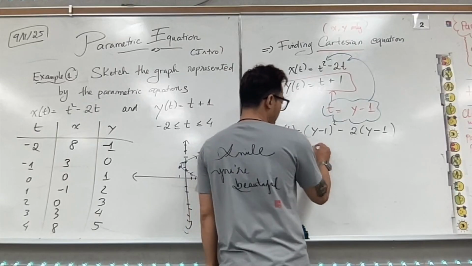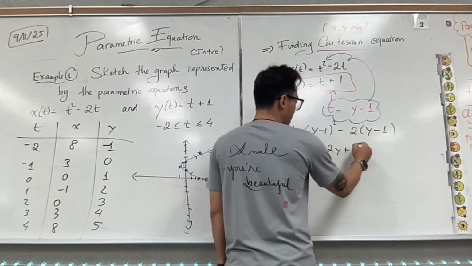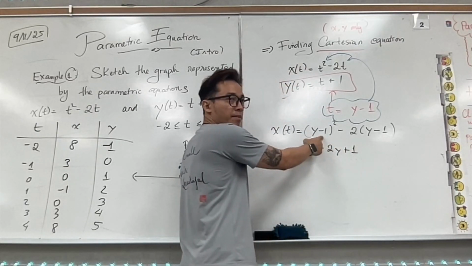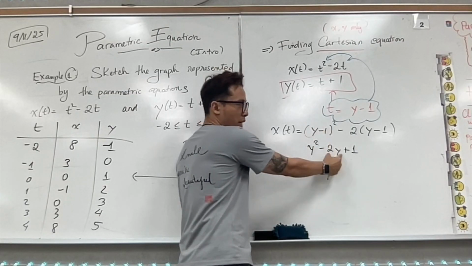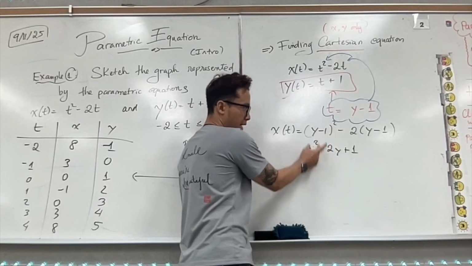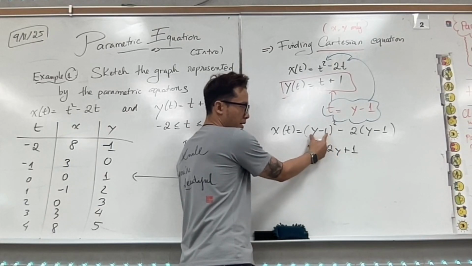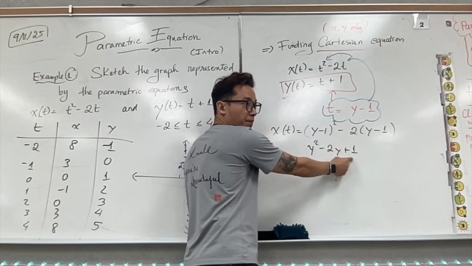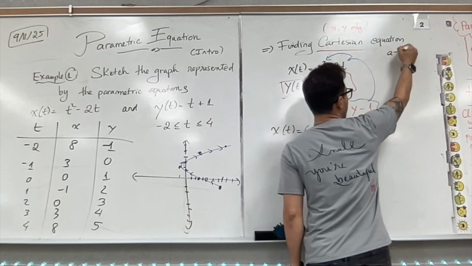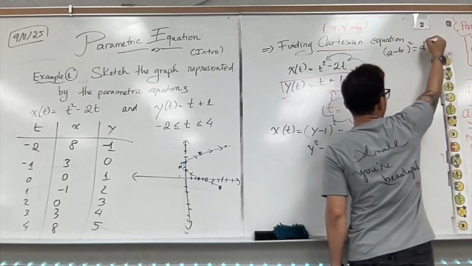Okay? So y squared minus 2y plus 1. I hope everybody knows how to do square of binomial. Yeah? A squared minus 2ab plus b squared. A squared minus 2ab, where 2ab is just 2y. Plus b squared. 1 squared is 1. Okay? You should know why now.